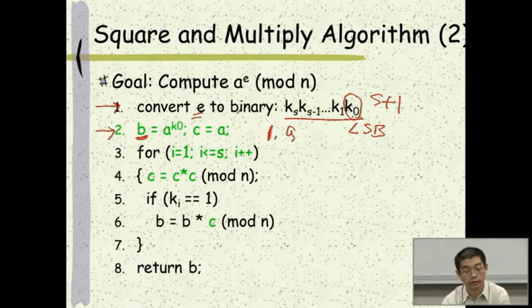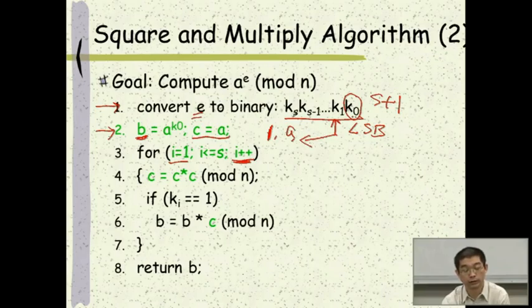Okay. And I also put c, another variable I may need in the middle, with initial value equal to a. So what I do now is I start i from 1, the second least significant bit from the right. I move all the way to the left. That is why it's called right to left implementation.